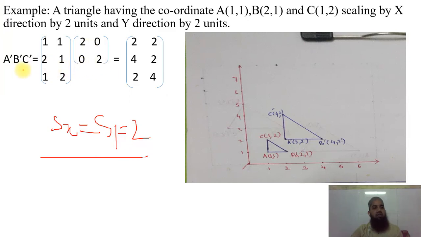We have the original triangle coordinates 1 comma 1, 2 comma 1, 1 comma 2, and the scaling is 2 and 2, this is sx and this is sy. Once you multiply, I get the new triangle coordinates, then I plot this triangle on graph paper and draw it, so you will get the final position. This is a very simple example you have to remember. So this is called scaling.